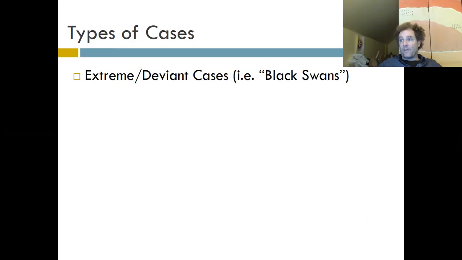It's really based off the work of Ben Flipberg, and these are the types of cases that he describes. The first one is what we can call an extreme or deviant case. This goes back to the idea of a black swan. If you remember all the way back to the first week of class, we talked about Popper's theory of falsification. Say you're a botanist and you look at swans all day long.